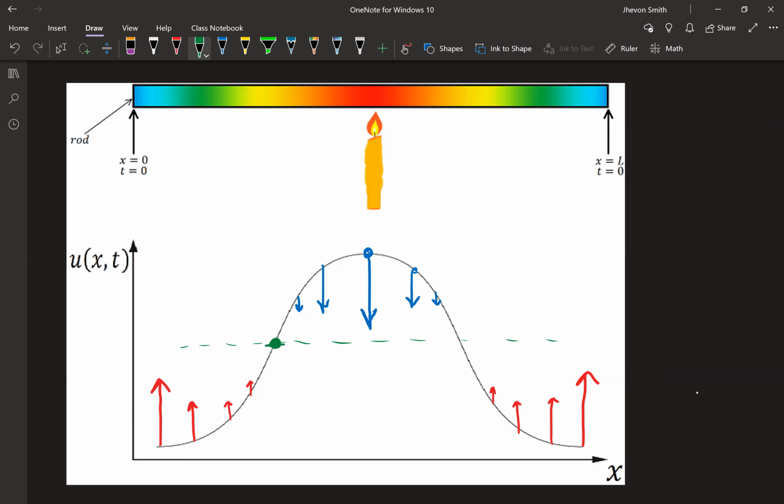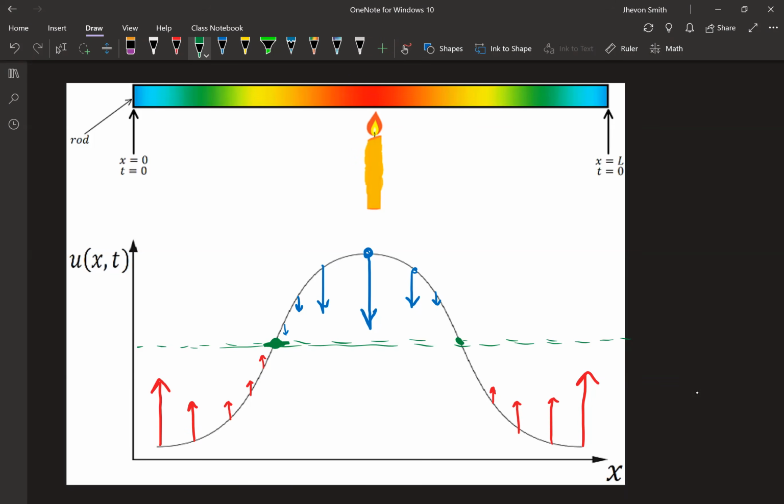So these points pretty much stay the same, but everything beyond them will cool down to their level, and everything on the other side will heat up to their level. So eventually this green line is representing what the equilibrium is going to look like.